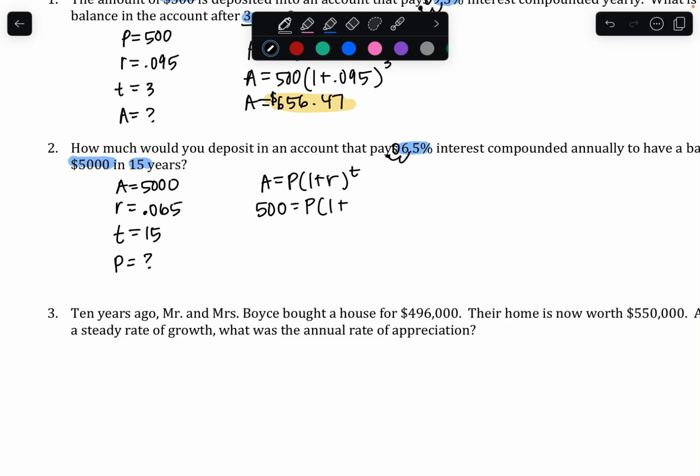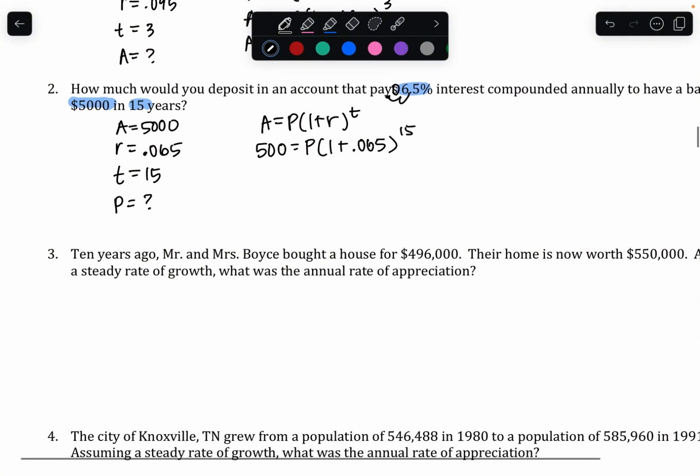1 plus R to the 15th power. Okay, and so what we want to do to solve for P is divide by this 1.065 raised to the 15th power. We want that to isolate the P, and that P is being multiplied by that expression.